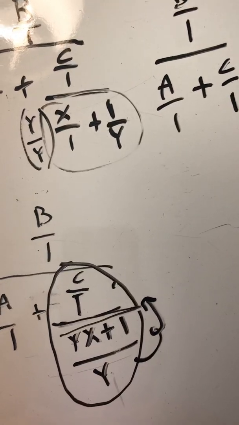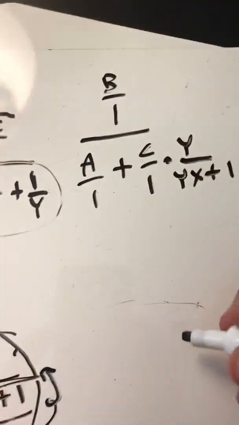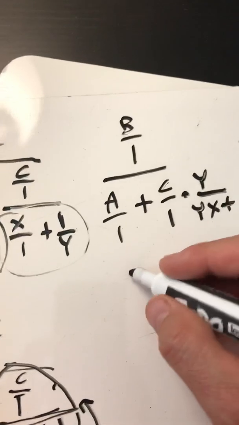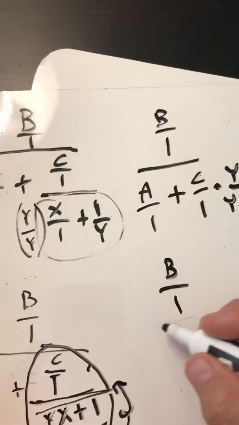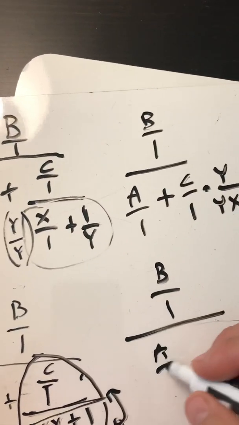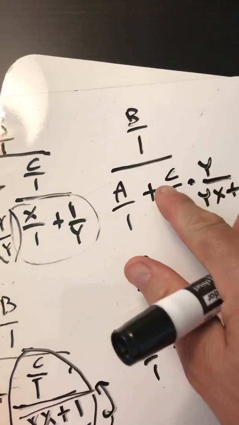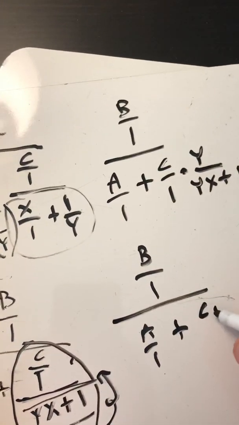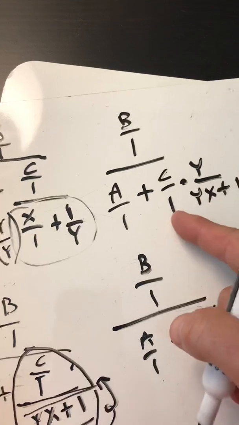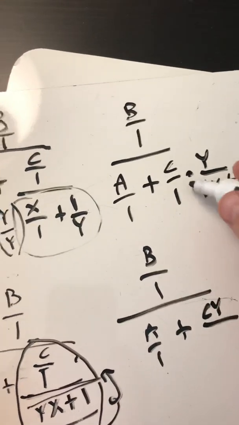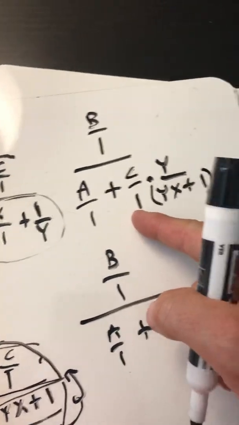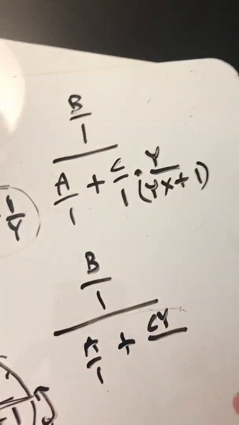Right? So it's b over 1 divided by a over 1 plus, multiply the top, cy, over the bottom, 1 times yx plus 1. Be careful, because if that were like a 2, you'd have to distribute it to both terms.